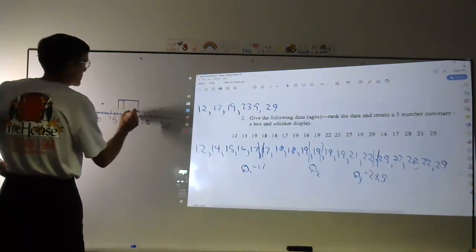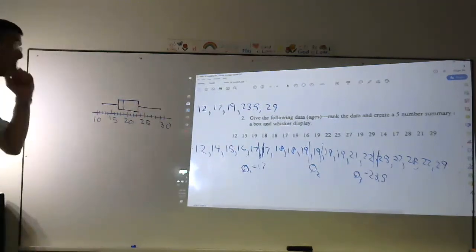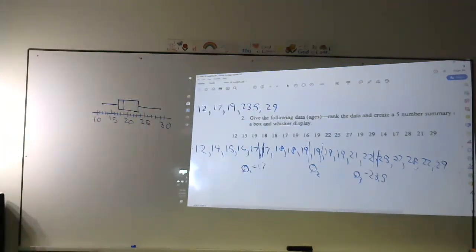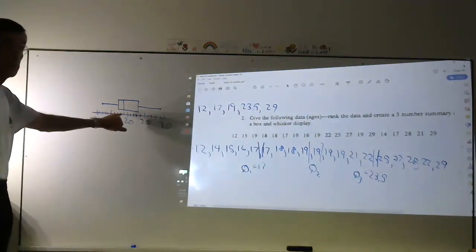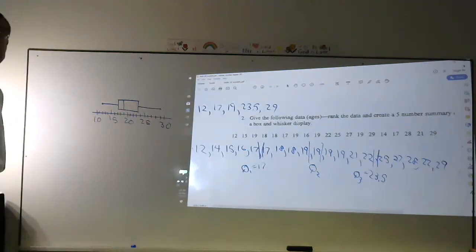Make your box, whiskers, and there is your box plot or your box and whisker graph. How about the smallest amount of variation? The smallest amount of spread or variation would be in quartile 2, only going from 17 to 19, a spread of 2 units.